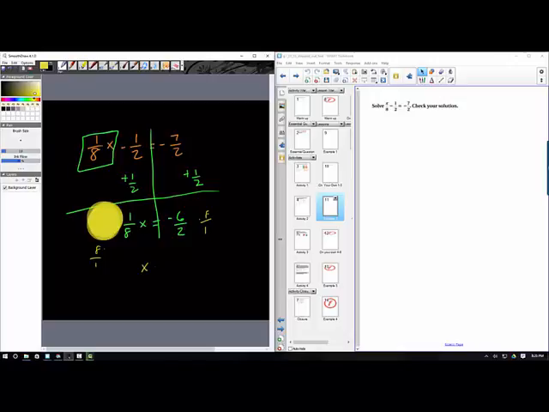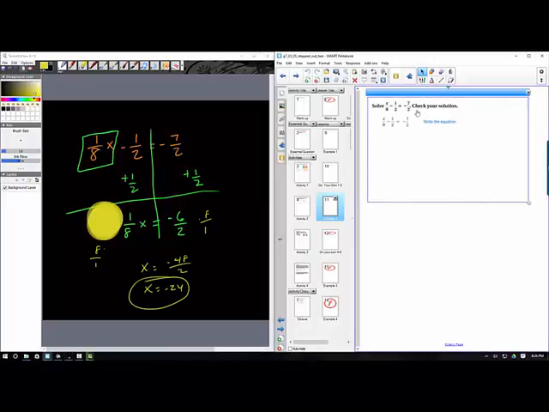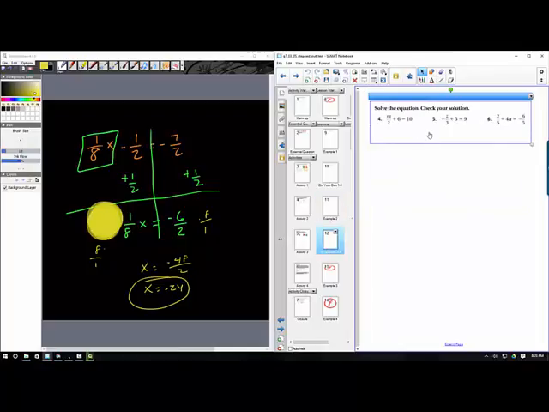And I'll have x equals negative 48 over 2, which could also be written as negative 24, right? And that is my answer. So let's look here. So there we go. Here are a few problems you could do on your own. Pause the screen for a moment and check it out. And here are the answers.